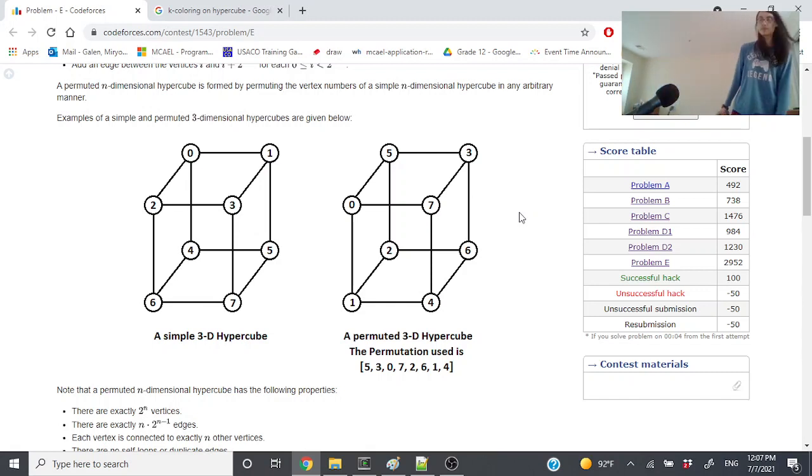So basically we need to find another edge such that there's an edge from 0 to that edge, and there's an edge from 1 to that edge. How do we do that? So we look at all of 0's edges, we look at all of 1's edges. They don't have any edges in common. If they did, that would be weird.